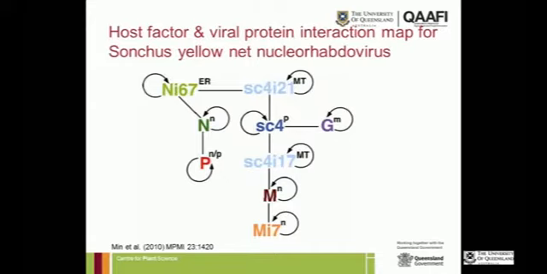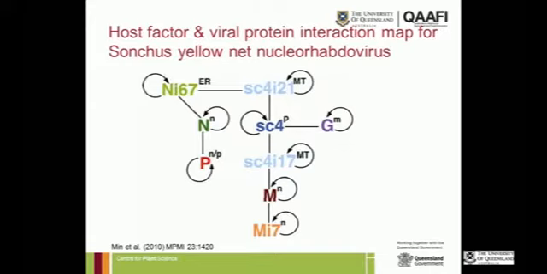What this shows is that, for example, the movement protein, which in this case is called SC4, interacts with a host protein, number 17. But at the same time, the matrix protein also interacts with this same host protein. So this host protein provides a link between those two proteins in helping during virus replication.